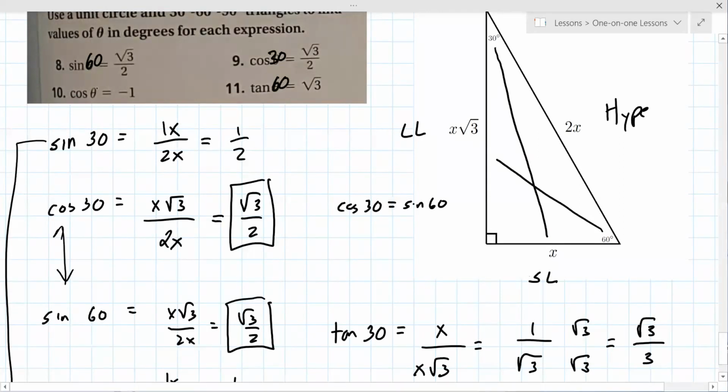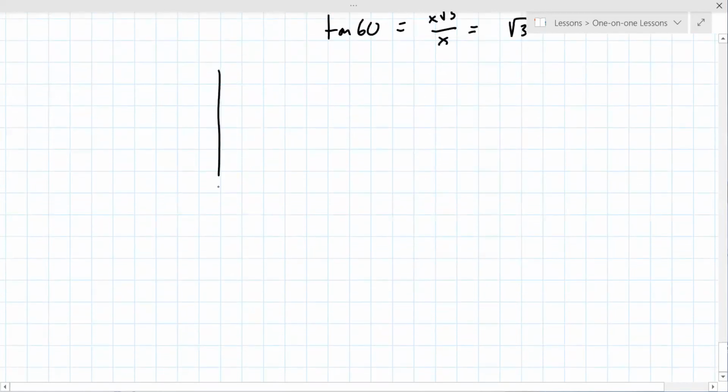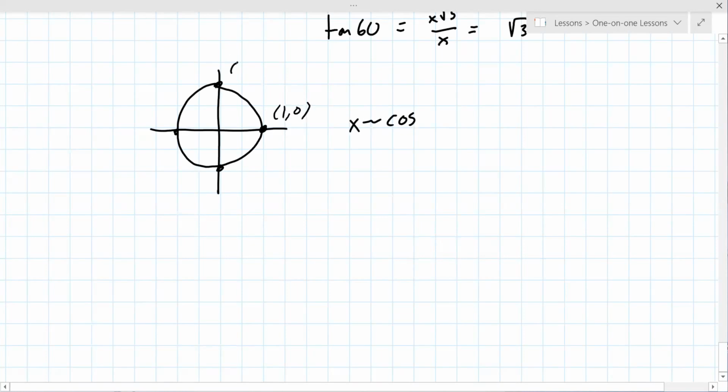All right, now the cosine theta of -1, that one's a little bit more, I don't know why they're referring to this. On the unit circle, there are 4 really nice places. Here, here, here, and here. Cosine is really the x. So this position here is 1, 0, 0, 1, -1, 0, 0, -1. So where's the x value? Because that's what it said.